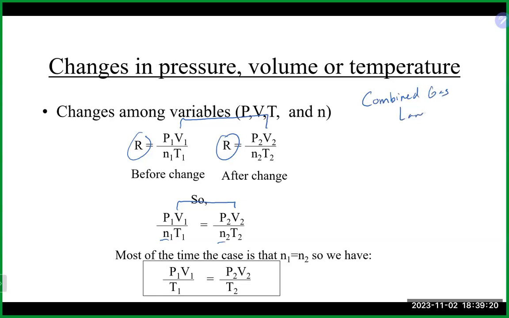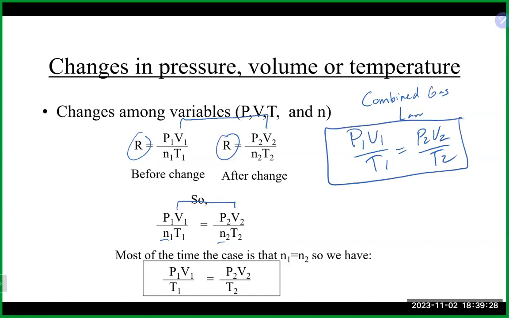The combined gas law is P1V1/T1 is equal to P2V2/T2. Here, the pressure and volume units really don't matter, as long as they're the same on both sides of the equal sign. But like every other gas law here, temperature does need to be in Kelvin. I would say that this one is a really good one to know.